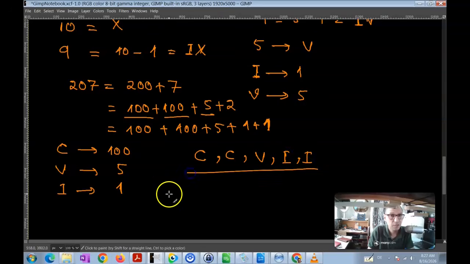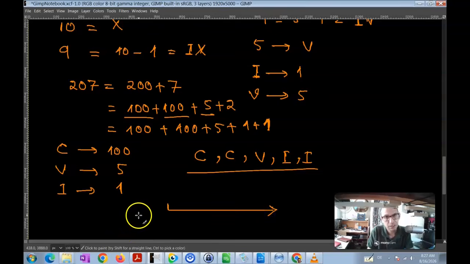Now all of these I have to put together, right? So of course I start from the left-hand side and move towards the right-hand side, starting with the largest value symbols that I have. The largest value symbols are 100 and 100.